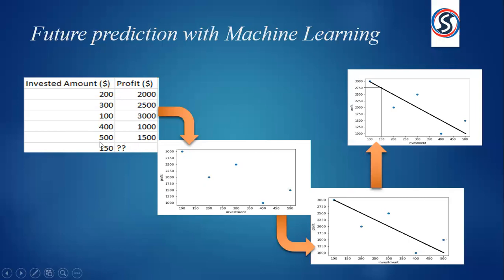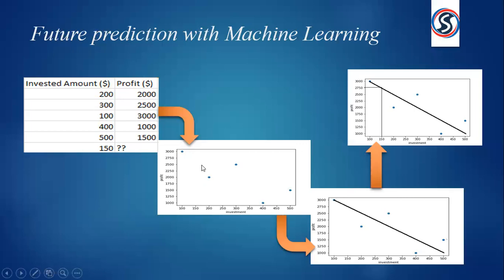This is my past data, and they will train my model based on the required machine learning, so that whenever new data comes, it will automatically give you the prediction.